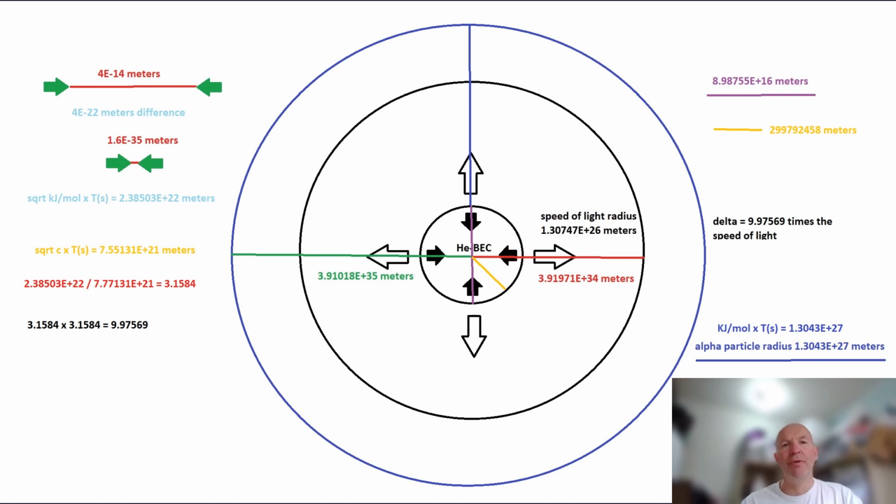After 13.8 billion years, you get an inward trajectory at the square root speed of the velocity of the outward direction. So the particles are getting closer and closer together, and they end up after 13.8 billion years at the Planck length distance of 1.6e-35 of a meter, and that's a difference from the start to the end of 4e-22 meters.